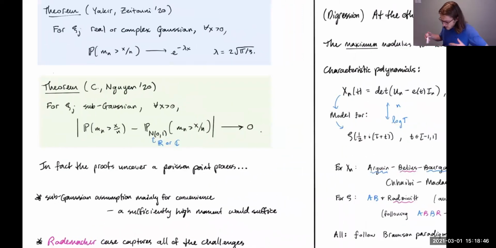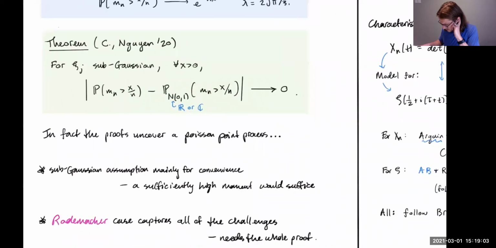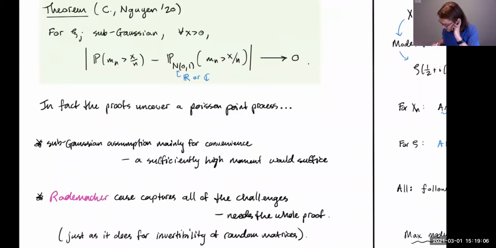The most well-studied examples are the Gaussian case and the Rademacher case. The Gaussian proof is a very Gaussian proof, and our proof is a very Rademacher proof, in the sense that the Rademacher case really captures all of the difficulties. It's like in random matrix theory, where there was a lot of work on invertibility properties of random matrices, and the Rademacher case is a very clean model that captures the essential interesting challenges.